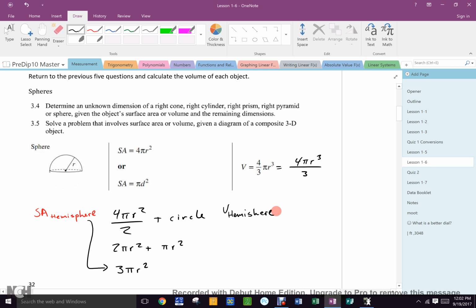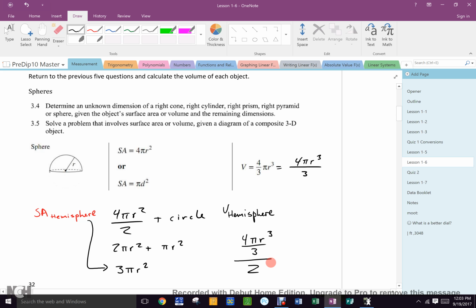What's a hemisphere? Oh, I forgot the P. That's a hemisphere. What is a hemisphere, Lauren? Half a sphere. So the volume is 4 pi r cubed over 3, divided by 2.